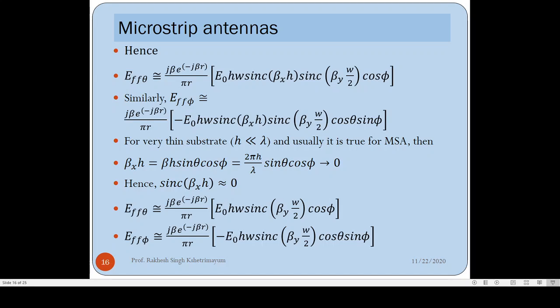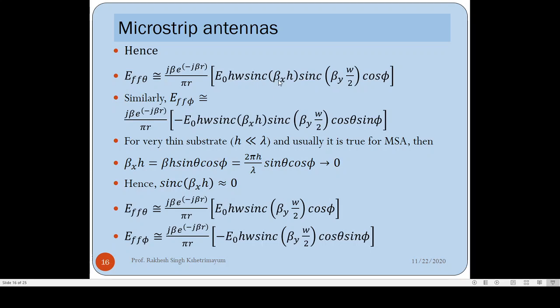I have already told you the height of the substrate is usually of the order of 0.1 lambda. So in that case, h is very much lesser than lambda. If h is very much lesser than lambda, what happens to this beta x h? Beta x is beta sin theta cos phi. When h by lambda is a very small number, this tends to 0.